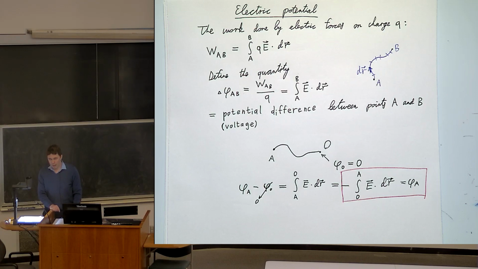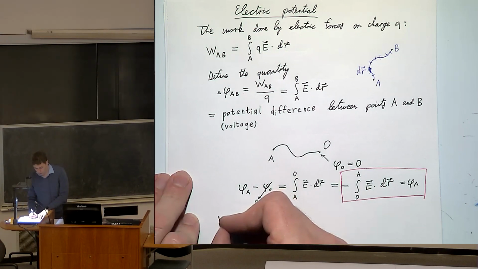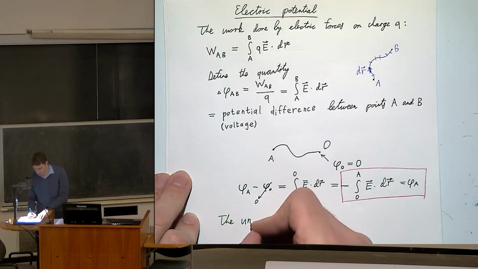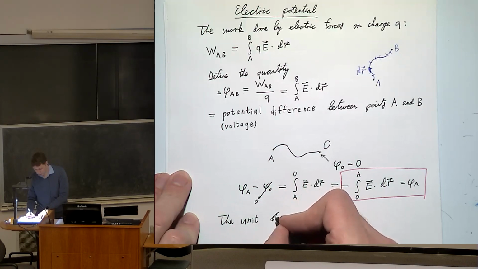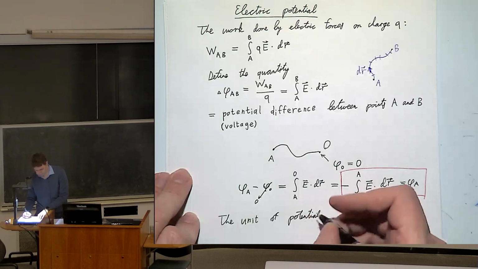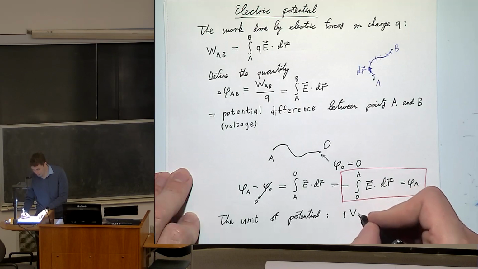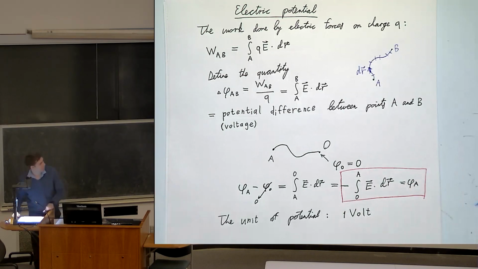Okay, we have defined a new quantity, and that quantity has got a dimension. So what's the dimension of potential? The unit of potential is 1 volt.